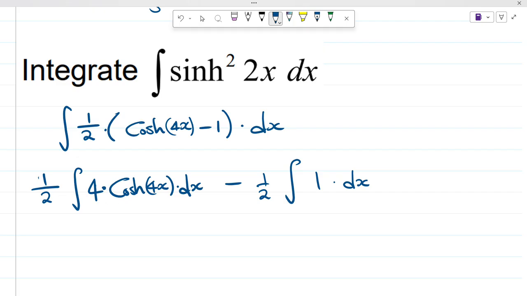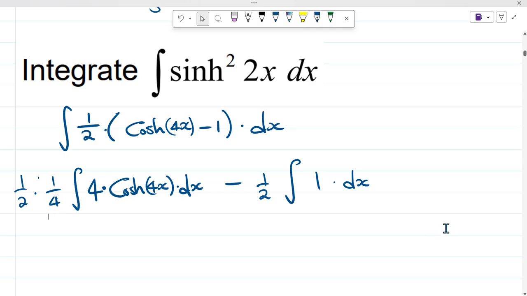Since this 4 was not here, we need to cancel it out by multiplying by 1 over 4 outside the integral, so that the 4 and the 4 can cancel out. Makes sense, right?